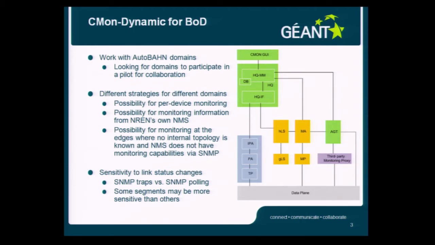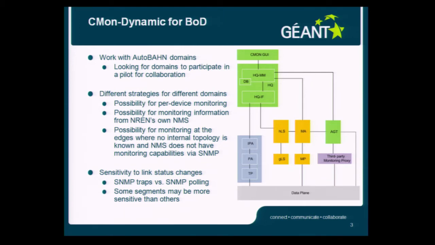And then we have a possibility for monitoring at the edges where no internal topology is known, and we just treat that domain as a black box. We only know the two edges of the segment, and the local management system does not have the monitoring capabilities via SNMP. And later on, Trupti will dig into these possibilities.